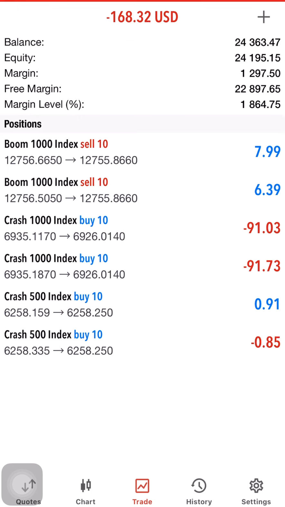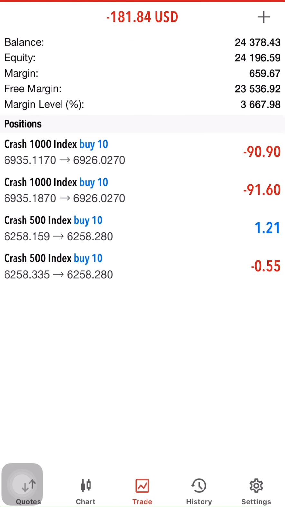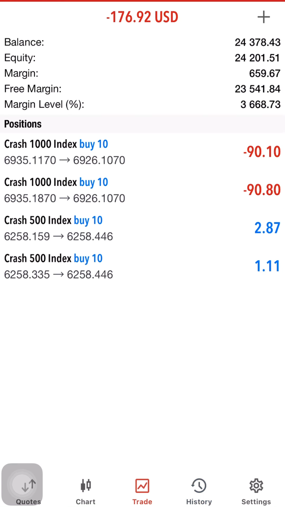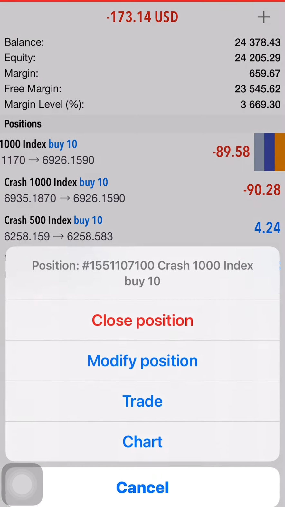If you look at this, you see that the last one we did, which is Boom 1000, the market got there and it took the profit for us. And if you look at this very well, you see that the crash 1000 went against us.